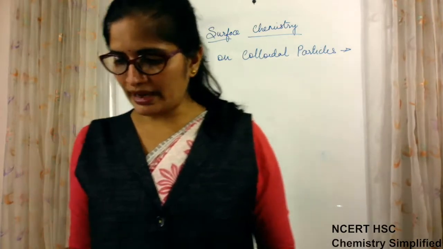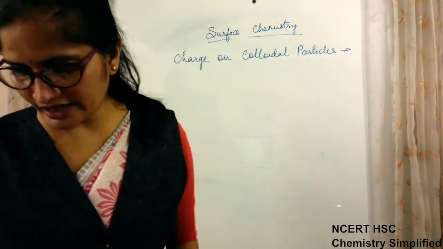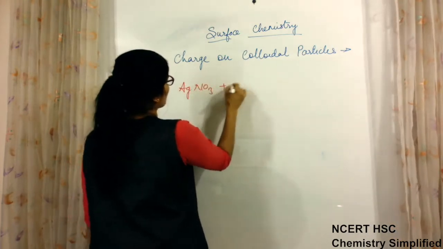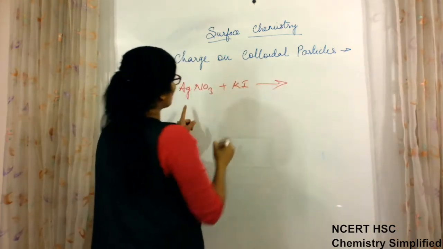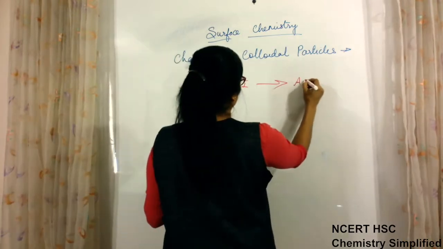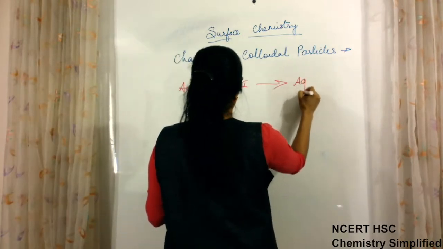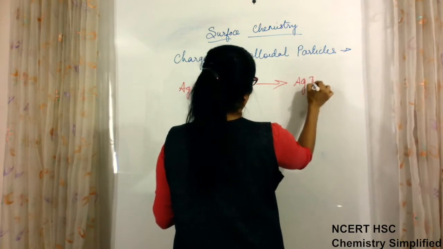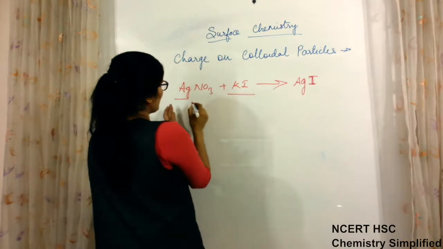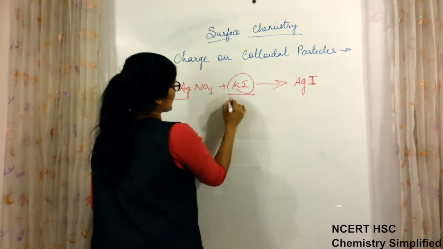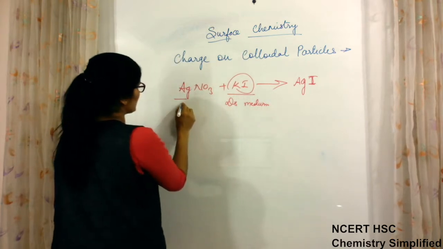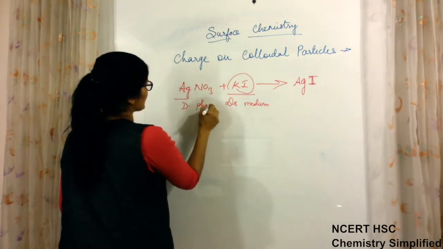Suppose a solution is made using AgNO3 and KI. AgNO3 plus KI. Okay, so AgI is formed, which means KI is used as the dispersion medium and this is the dispersed phase.